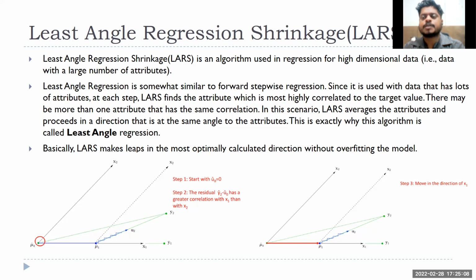But when I bring in subscription count, which is more highly correlated, my line moves towards it. I'm not writing the mathematical equation, it becomes more complex. The simple way to understand it is that your regression line will follow the variables more correlated to your dependent variable, and that is the least angle.